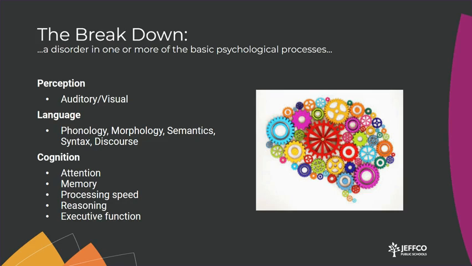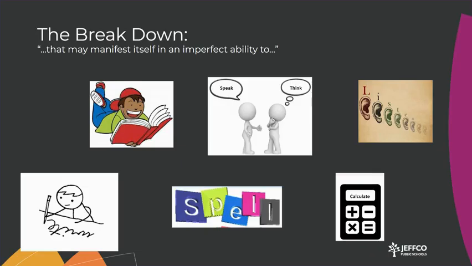Semantics, syntax, or discourse. Cognition could include attention, memory, processing speed, reasoning, or executive functioning. So that breakdown may manifest itself in an imperfect ability to read, to listen, to think, to speak, to spell, or engage in mathematics.